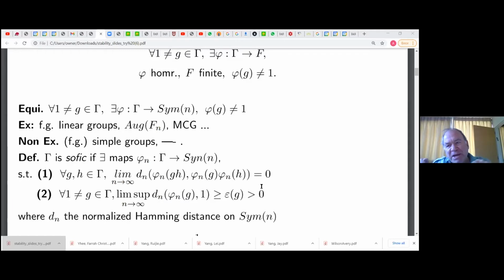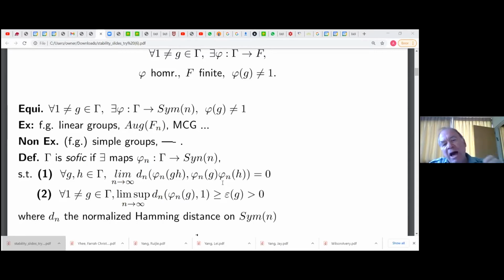Namely, they become more and more homomorphisms when you go to infinity. For every g and h, for every pair separately, this limit goes to zero.